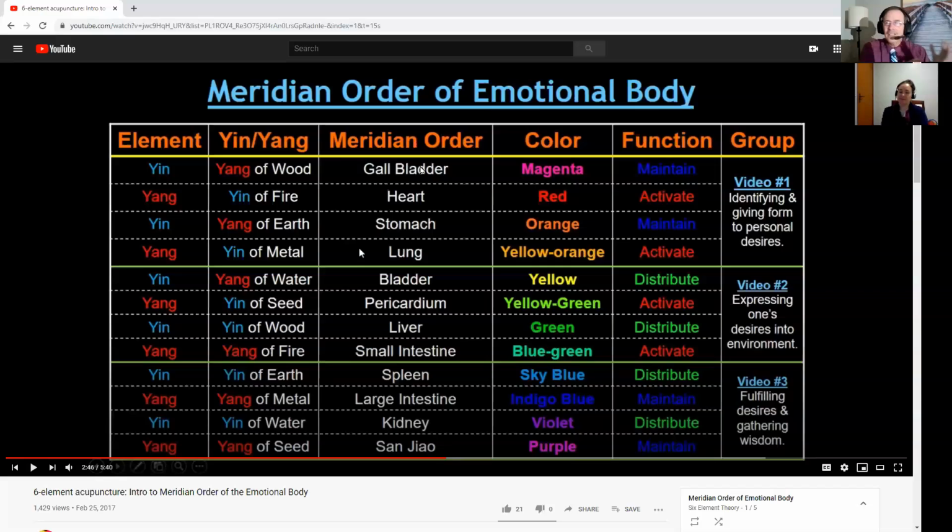Even though we're constantly going through all of these steps at every age of our life, trying to express our philosophies, trying to find out who we are, where we are, trying different jobs, seeing if we master a job, feeling the results through kidney, and then trying to get a sense of, was that right or wrong? That Sanjiao, trying to figure out, what kind of wisdom am I gaining here? So we go through this order constantly, every day in our experience, and we're slowly building wisdom.